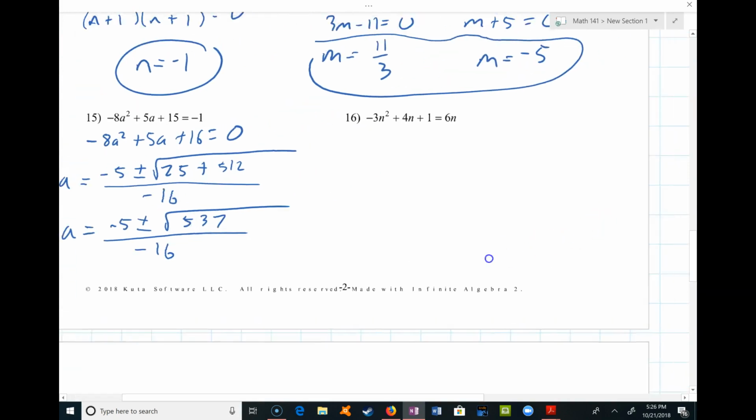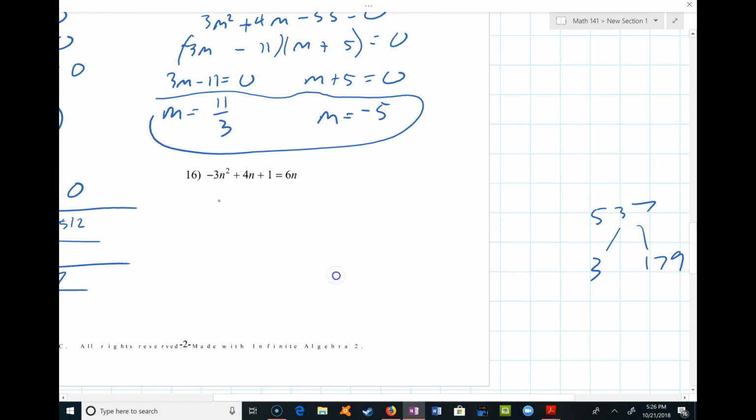One more here. And so this is going to be a negative 3n squared. Bring the negative 6n over, so that'd be negative 2n plus 1 equals 0. And I think we can factor that. Maybe I'll multiply everything by negative 1. So that'd be 3n squared plus 2n minus 1 equals 0.